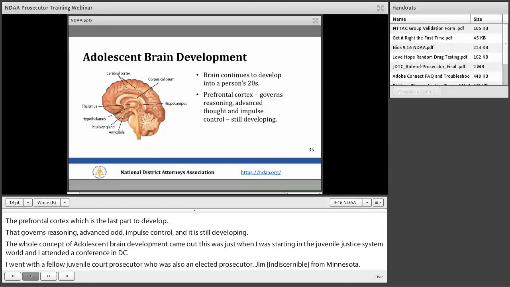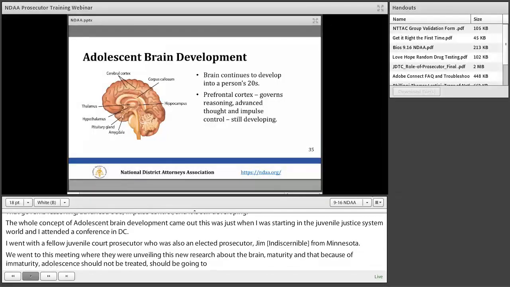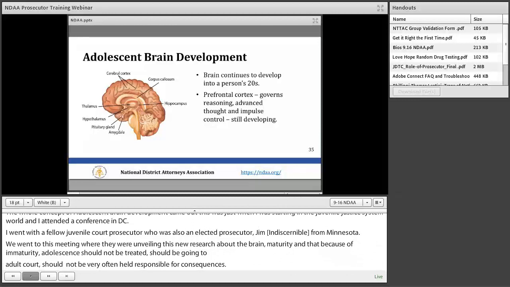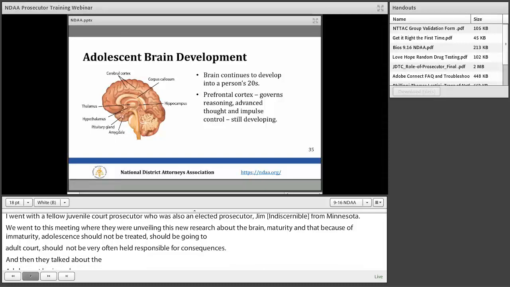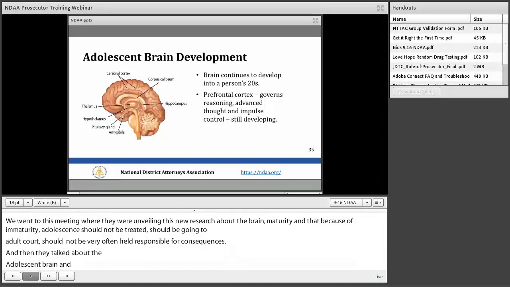Then they said the adolescent brain engages in risky behavior, doesn't think of the consequences of their actions, lies. And I was just sitting there, a little jaded maybe because I'm from New York, and I looked at Jim Backstrom and I'm like, I just broke up with somebody who does all those things. He lies. He doesn't think of the consequences of his actions. He engages in reckless behavior, and he's no juvenile.